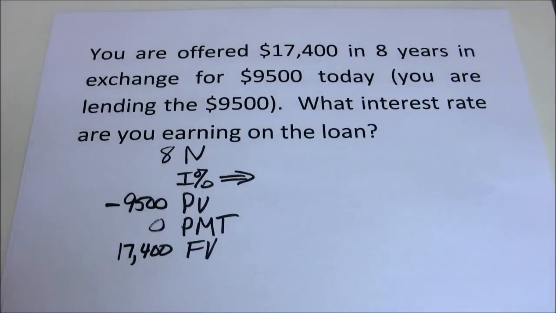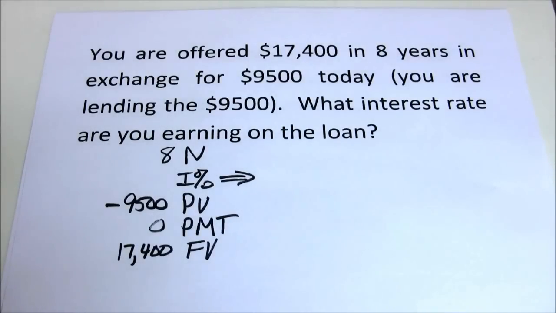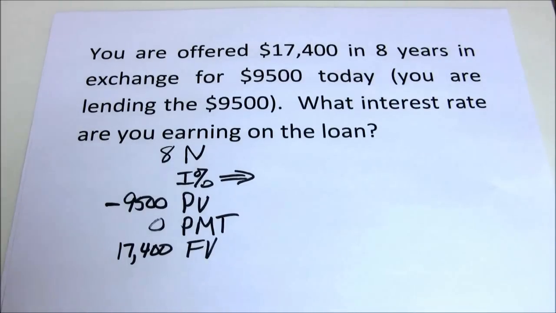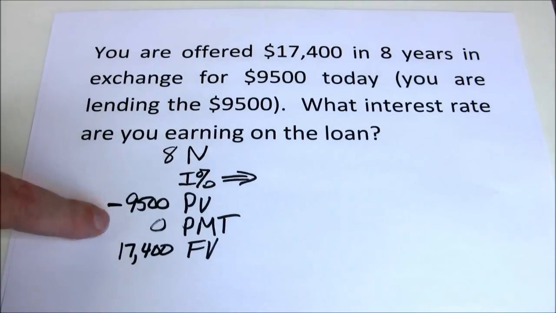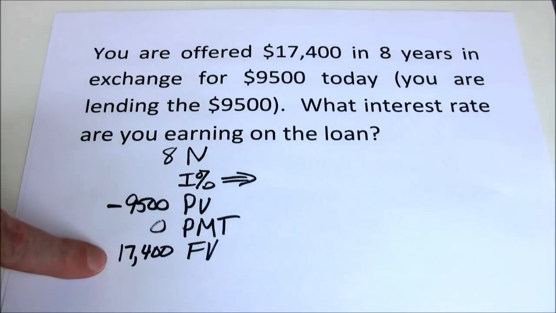What that's telling me is there's no interest rate which allows me to get 9,500 today and get 17,400. I've got to give up the 9,500 to get back the 17,400. So that's one way to know that you've messed up with the negative sign.